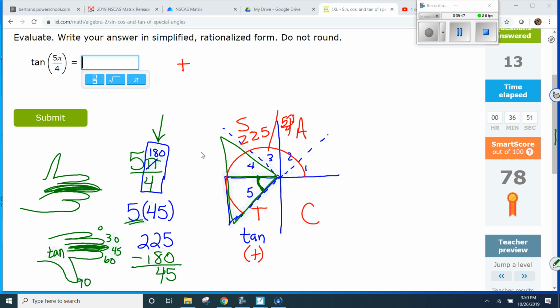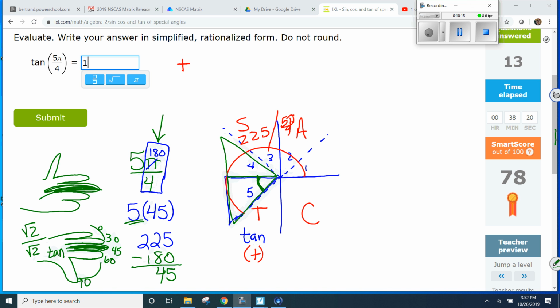So you flip it to see your tan, and the tangent's going to be the top over the bottom. So the top 2 fingers is radical 2. The bottom 2 fingers is going to be radical 2, and radical 2 over radical 2 is going to be 1. So the tangent of that will be 1.